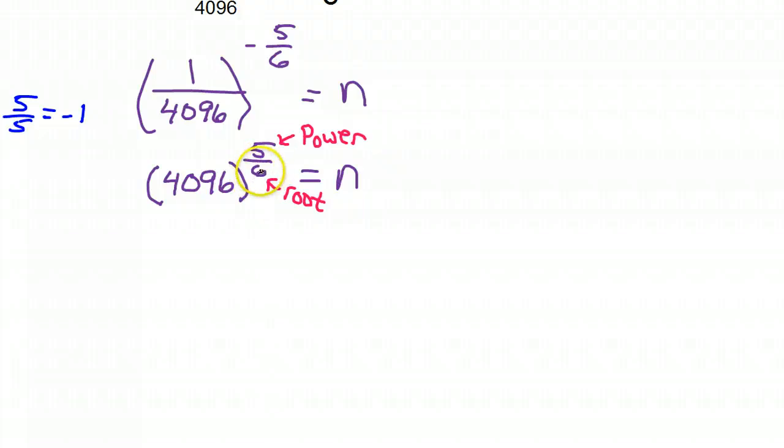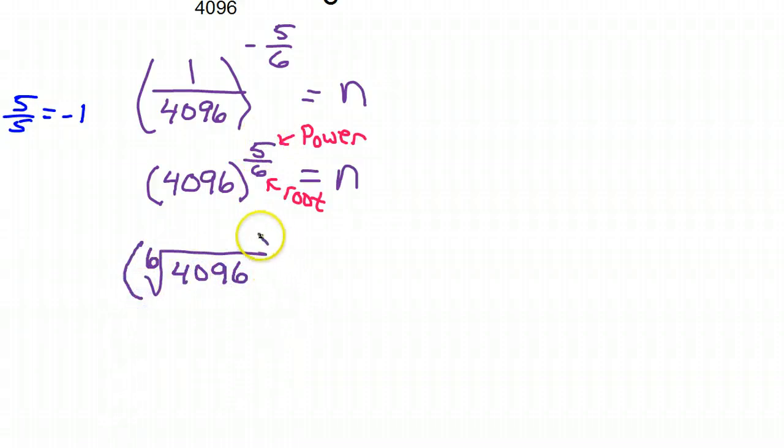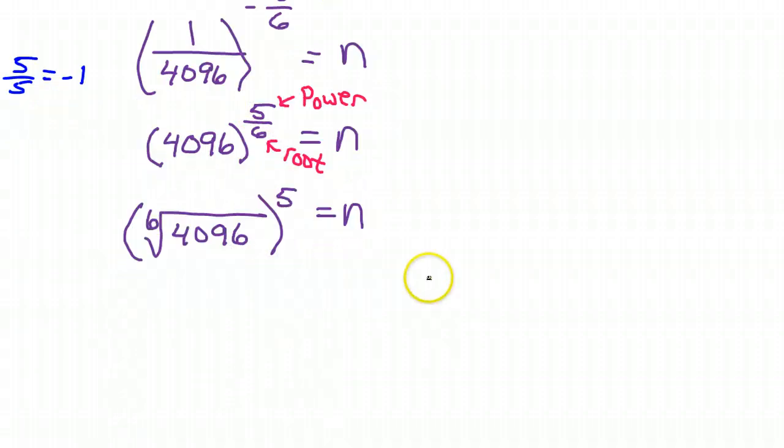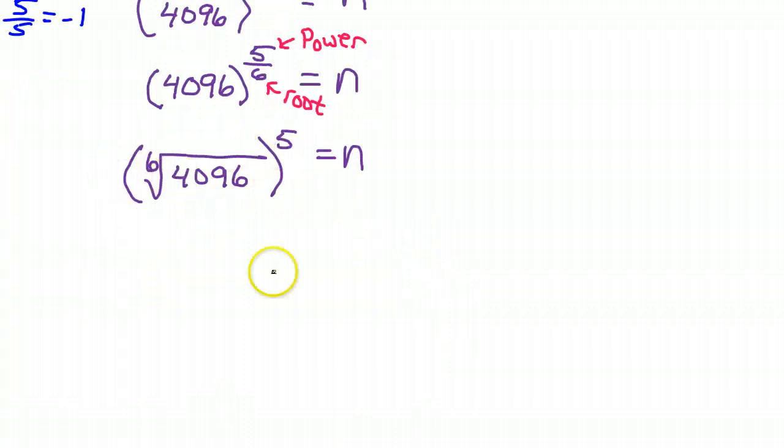Focus on the 6th root. That denominator is the root. So that would make the 6th root of 4,096, and then I've got the 5th power. Alright, 6th root, 5th power.